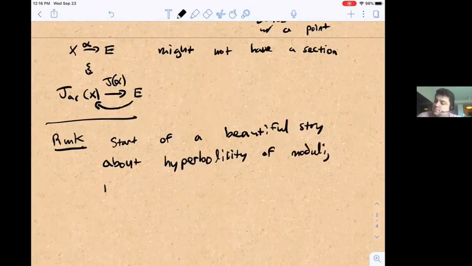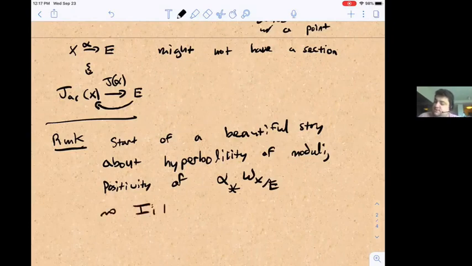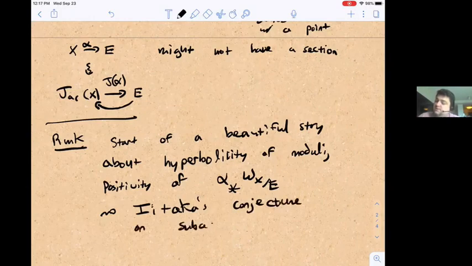And positivity of these vector bundles of the form alpha lower star omega. And in the case of surfaces, this leads to a proof of a very famous conjecture, Iitaka's conjecture, which basically tells you how Kodaira dimension adds in fibrations.